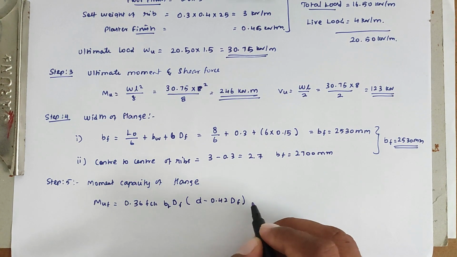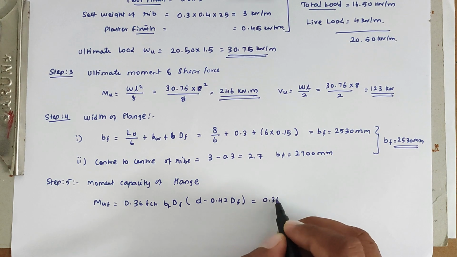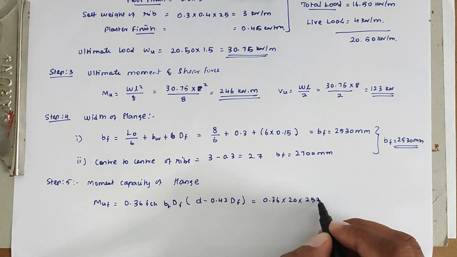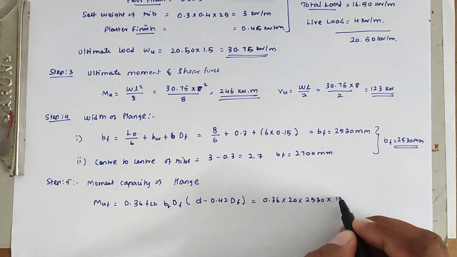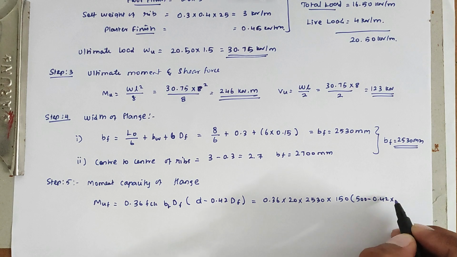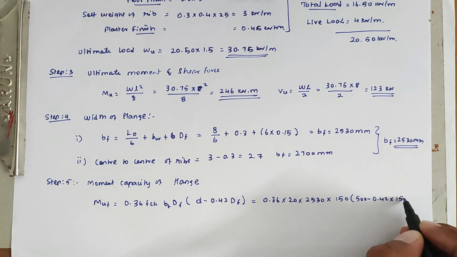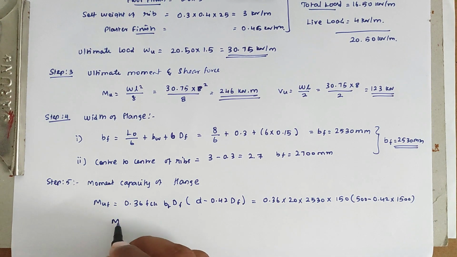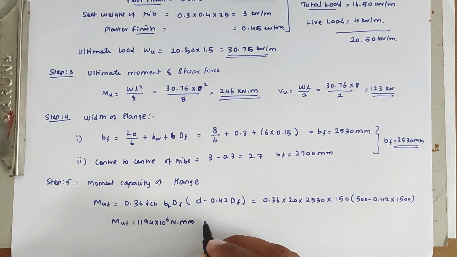Now substitute all the values: 0.36 into 20 into the BF value 2530 into DF is 150 into 500 minus 0.42 into DF, 150. From that we get MUF equal to 1194 into 10 power 6 Newton mm. Converting into kilonewton meter, that is 1194 kilonewton meter.